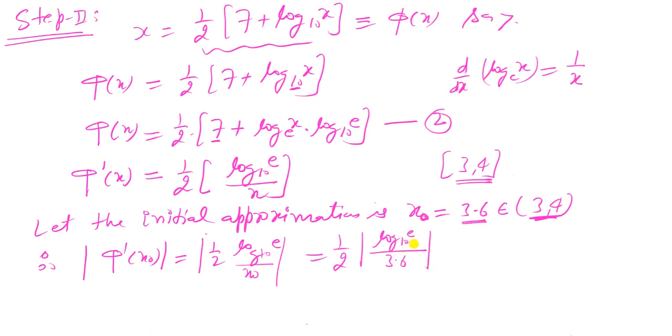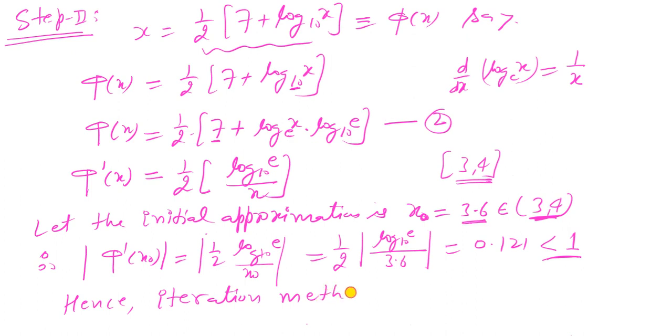Compute log e at base 10 with the help of the calculator and divide by 3.6. This value is equal to 0.121, and this is less than 1, that is, mod of phi dash x naught is less than 1. Hence the iteration method or successive approximation method converges.